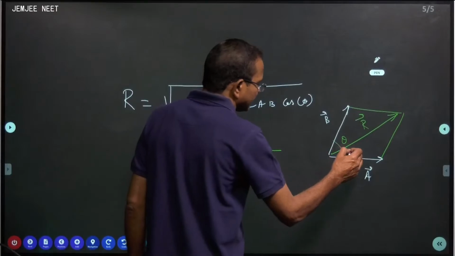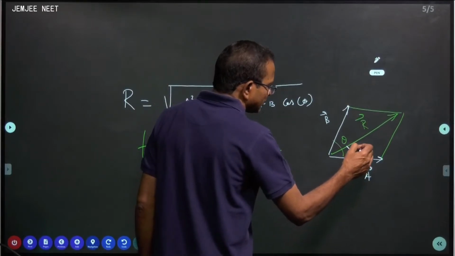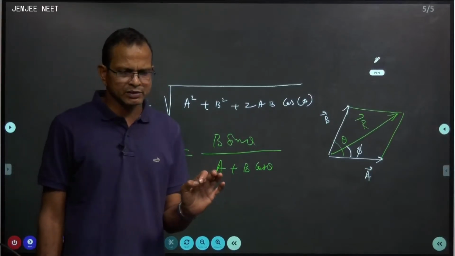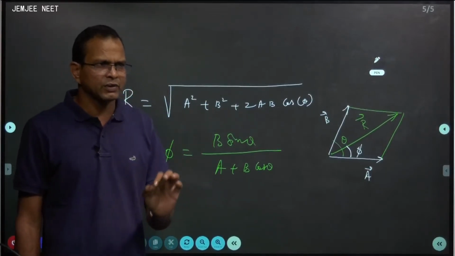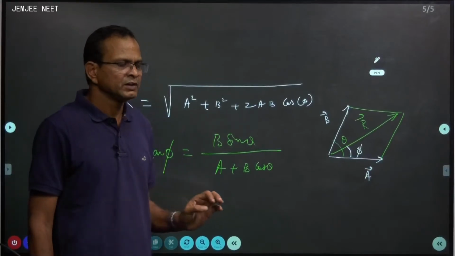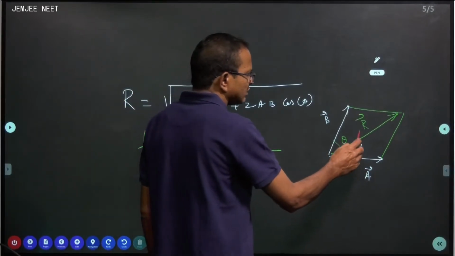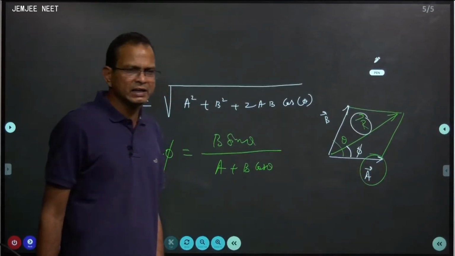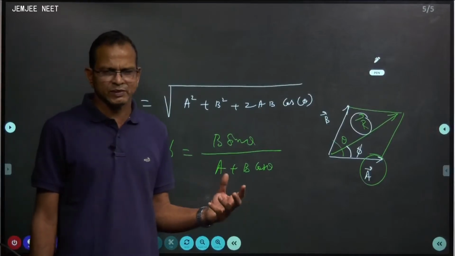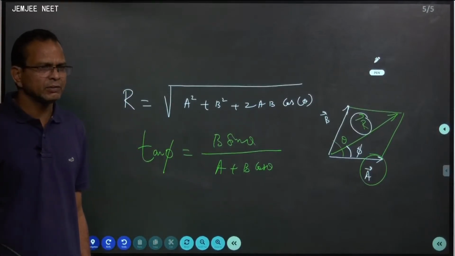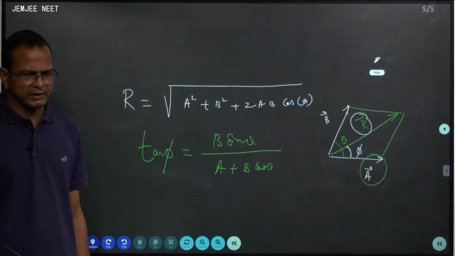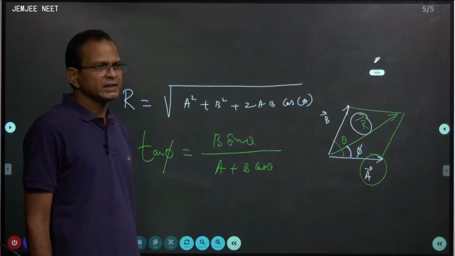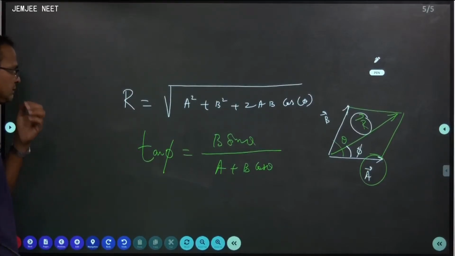Remember this first. Whoever is studying plus 2 or IIT, you should understand that phi is the angle of the R vector with respect to the A vector. The formula is B sin theta divided by A plus B cos theta. Clear then?